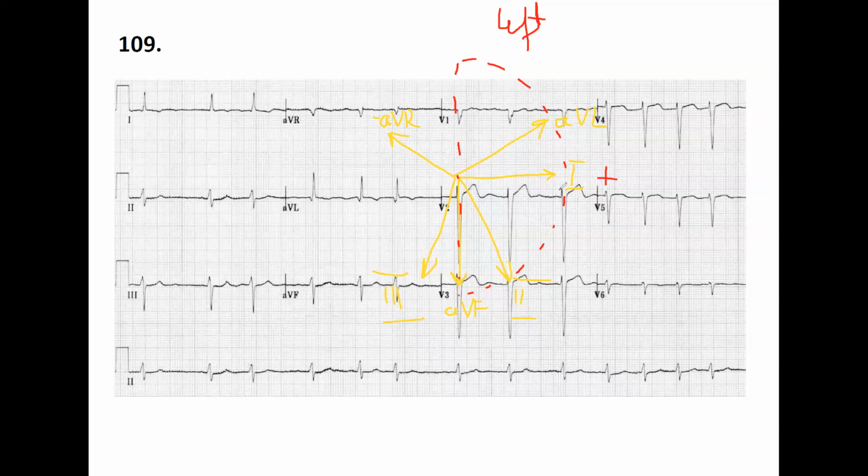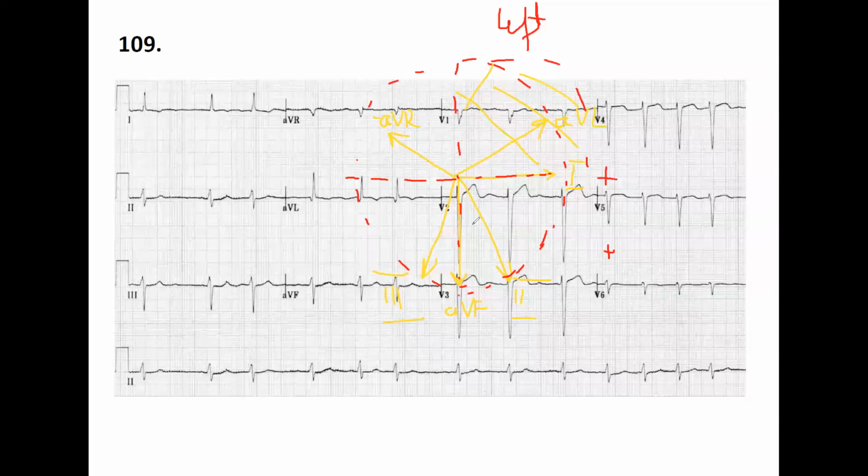Okay, let's go on. Next one, look at AVF. AVF is positive here and negative here. We know that AVF is negative, so it's very simple to say that we are somewhere here.